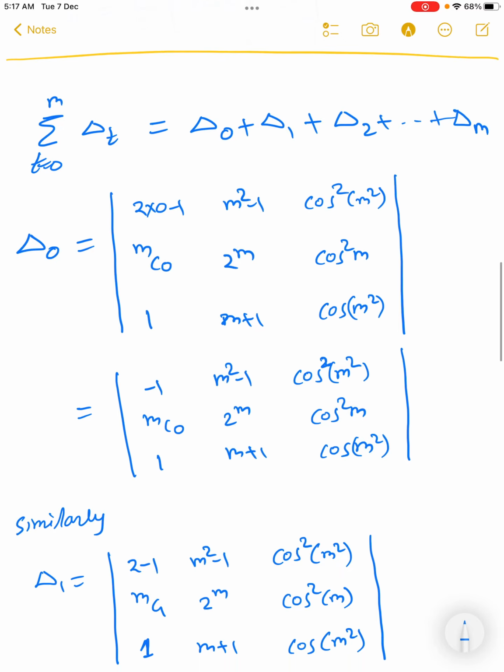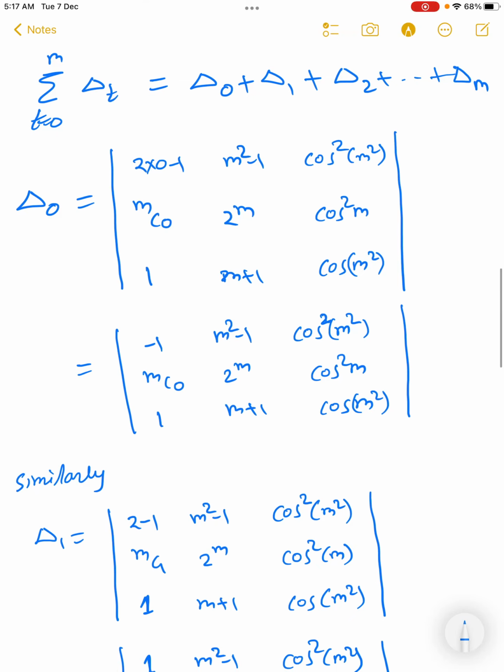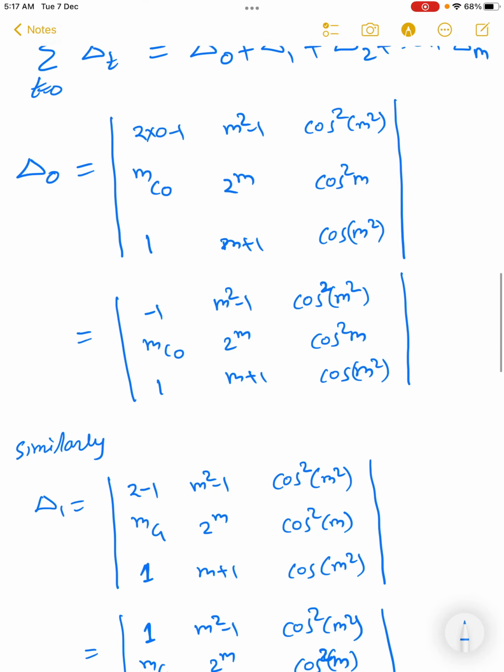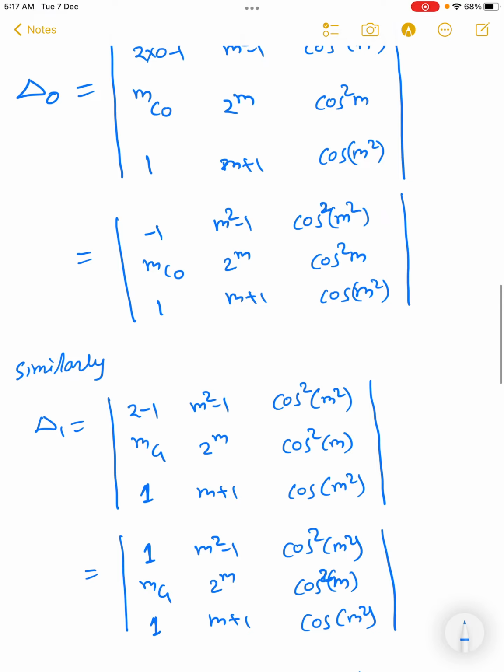If you put t equal to 0, we get the first column as minus 1, mC0 and 1.